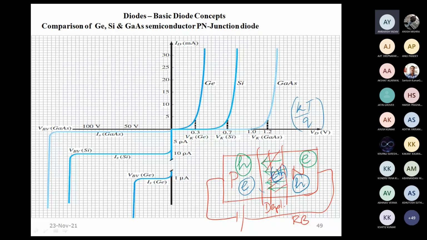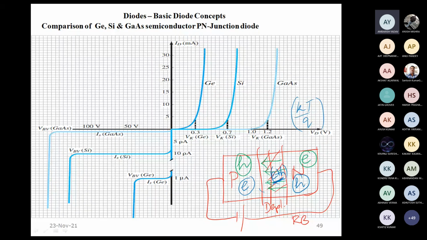But electrons and holes generated in the P side or N side are not going to affect much. If an electron-hole pair is generated in the depletion region, there is no chance of recombining them, and they are swept in opposite directions.